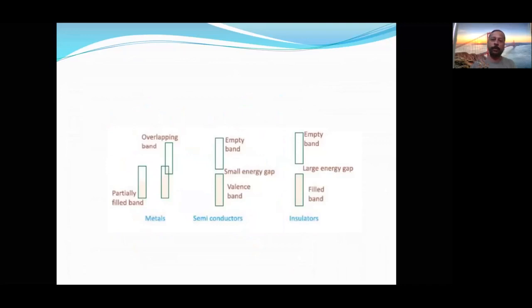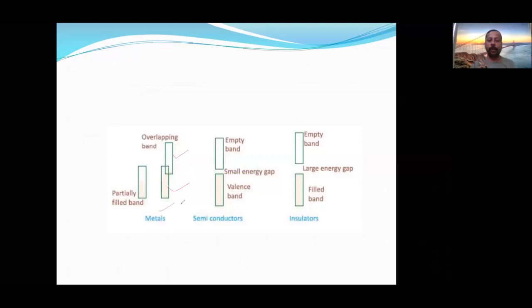According to band theory, in metals there are two types of bands, valency band and conduction band. In metals, both bands overlap with each other.